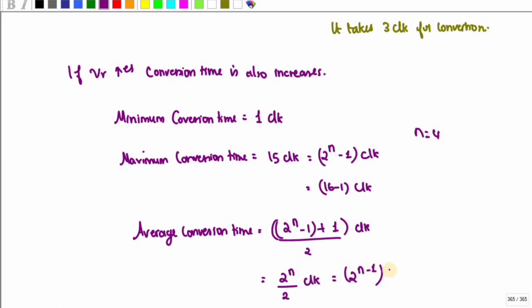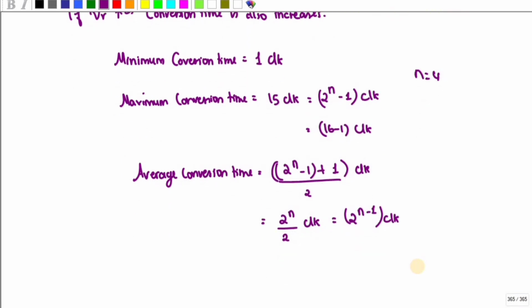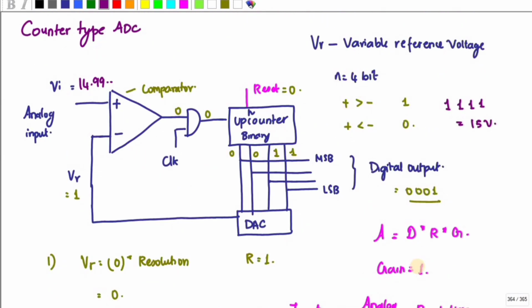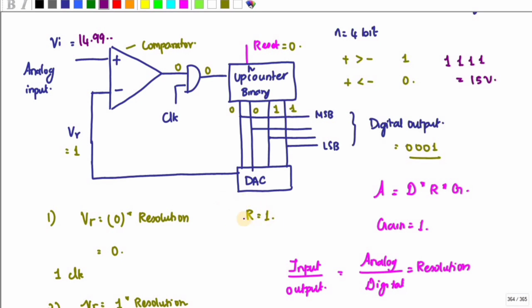So here you can see I can change the resolution, right? You can ask why the resolution is 1. So if I make this resolution r equal to 0.5, the maximum it can go up to 15, right? So 15 divided by 2, because the VR is nothing but this digital output times 0.5, right?